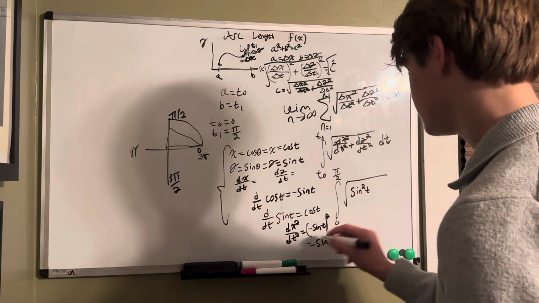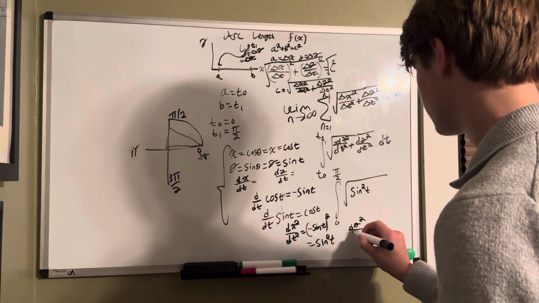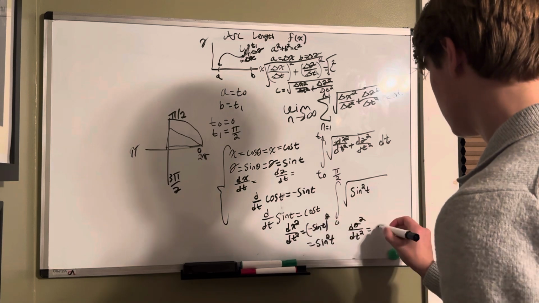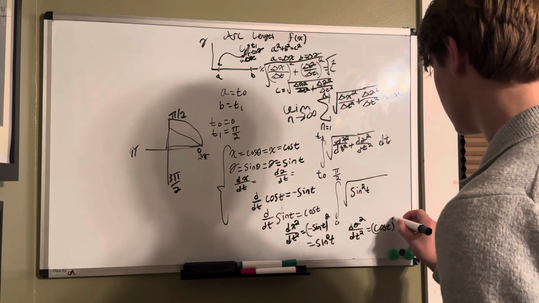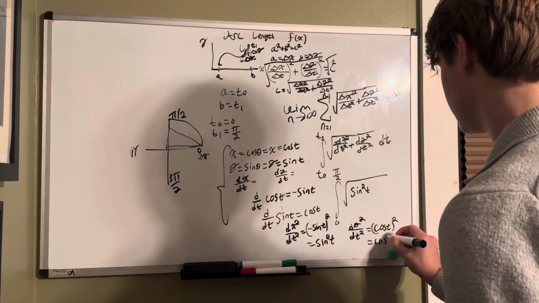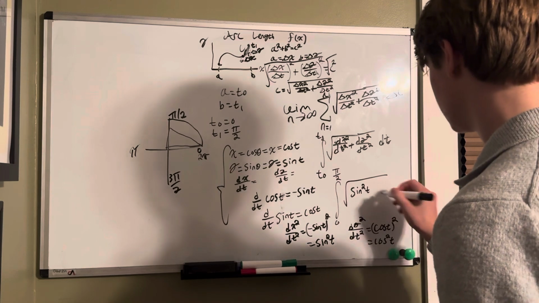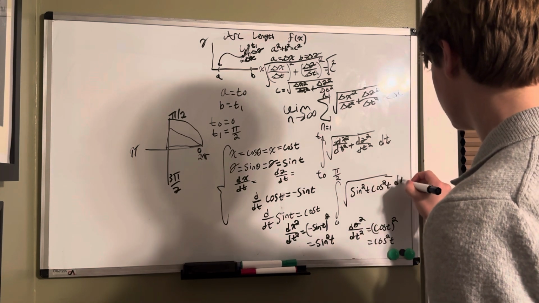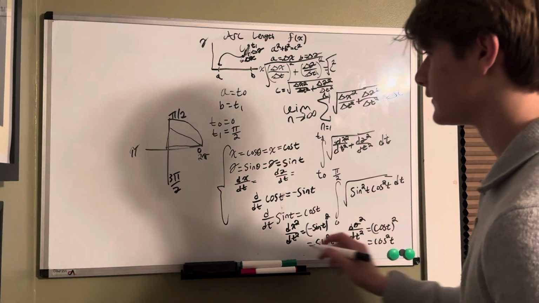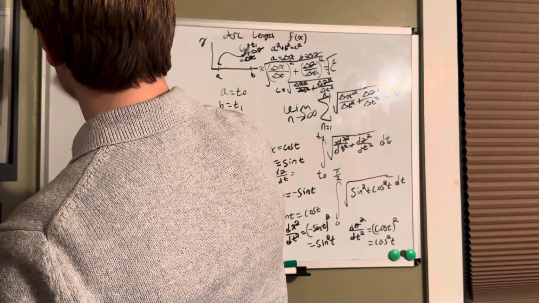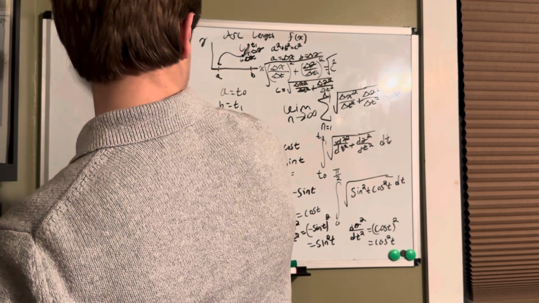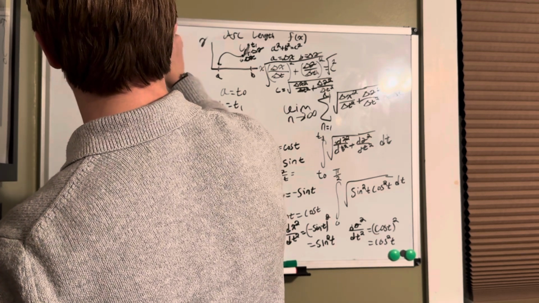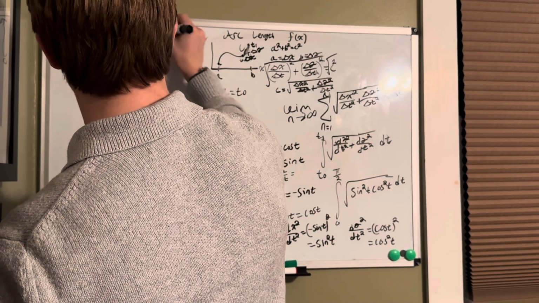And now we have (dy over dt) squared, which is equivalent to cosine of t squared, also known as cosine squared t. So plus cosine squared t with respect to t. I'm going to bring this over here so we have 0 to pi over 2, the square root of sine squared t plus cosine squared t.